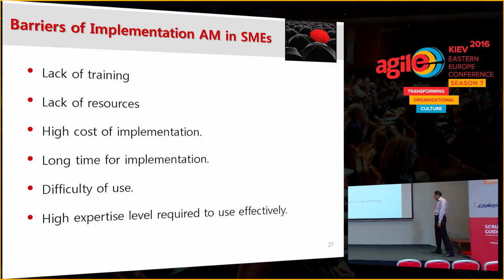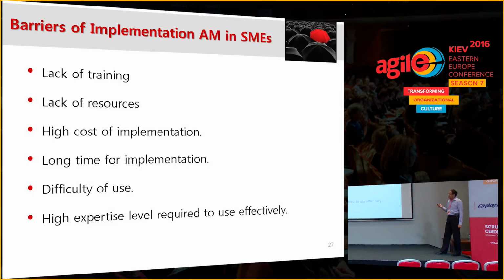What are the barriers for small to medium-sized companies? Why don't they implement Agile manufacturing? I think lack of training. They need somebody to tell them what the benefit of Agile manufacturing is.